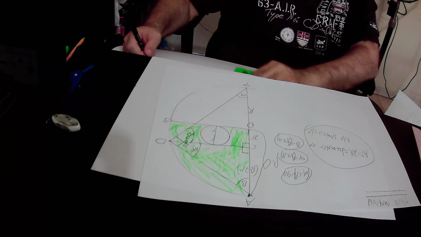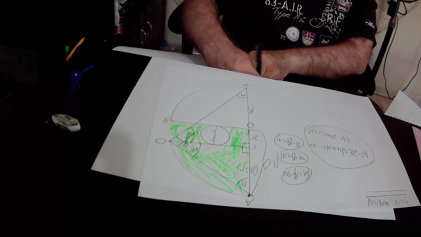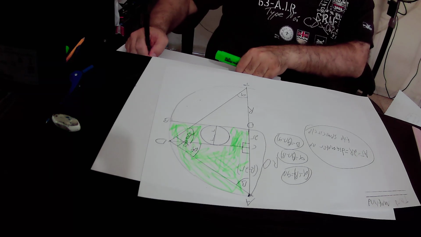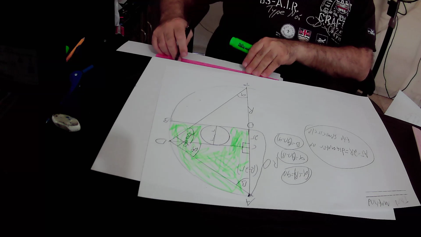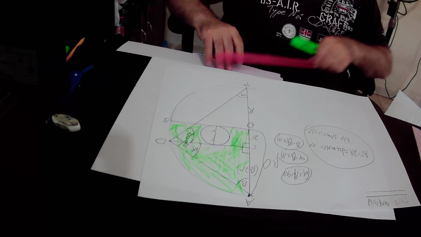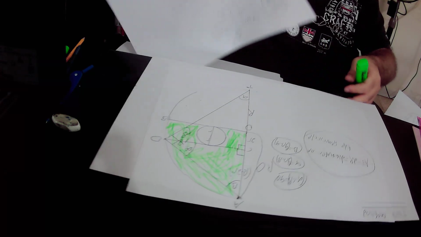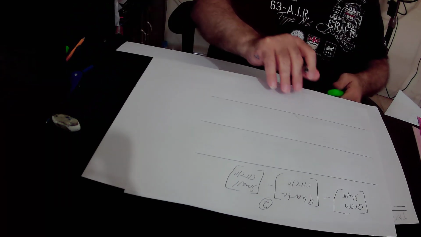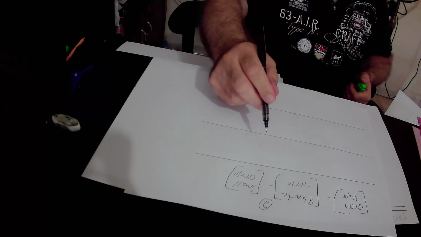I'll repeat again: the area of the green shape is equal to the area of the quarter circle minus the area of the small circle.